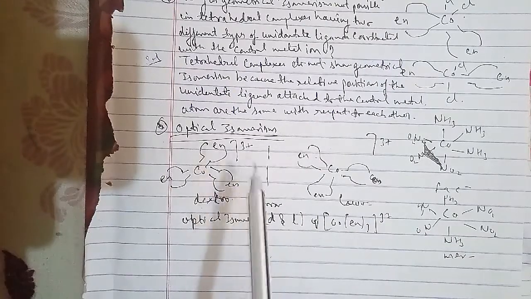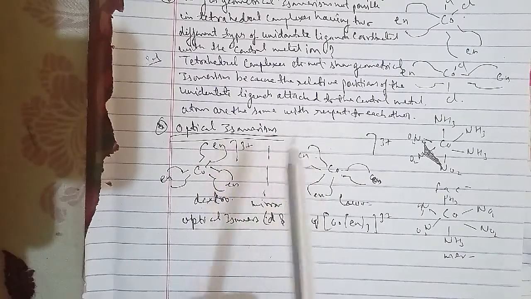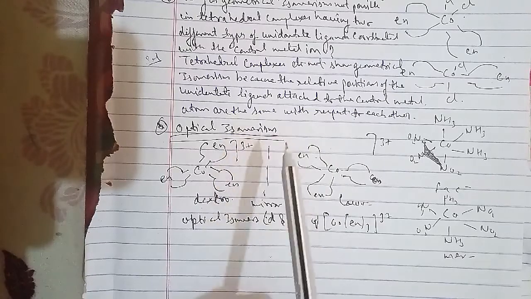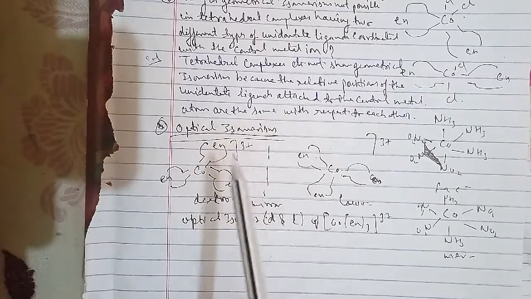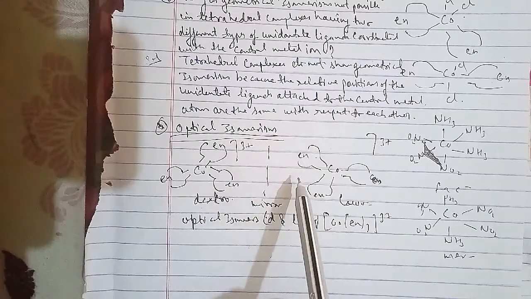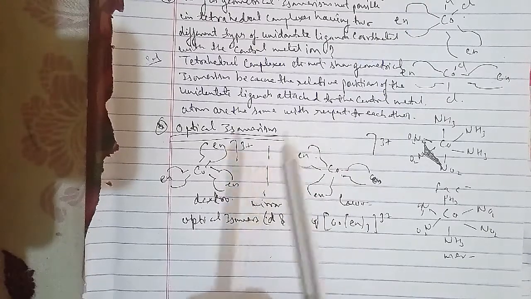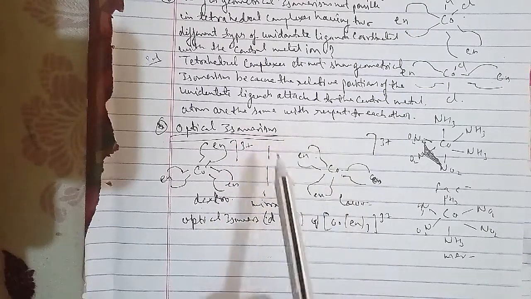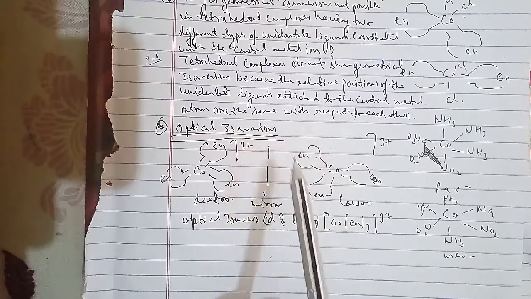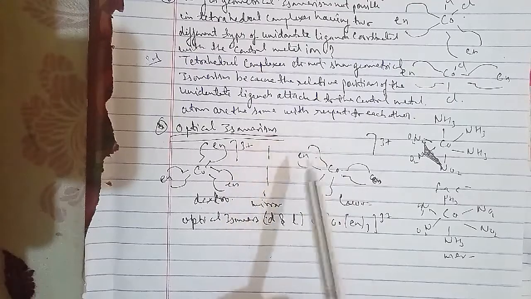We'll talk about another one, the coordination entity of the type [PtCl2(en)2] 2+, where only the cis isomer shows optical activity. So for the same we will find it out here. What is represented here is en, Pt, Cl, Cl, 2+, and this is en as well.